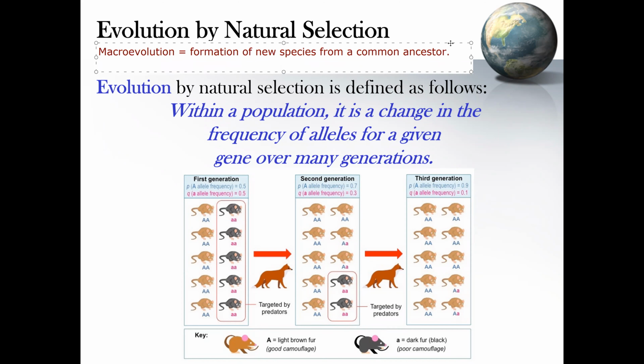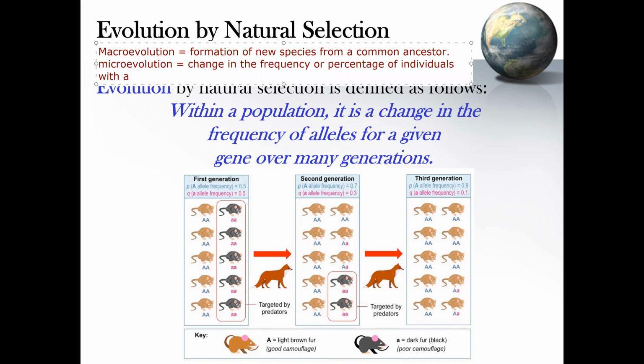But what we're going to talk about today is microevolution. Microevolution occurs within a population of organisms. So it is the change in the frequency or percentage of individuals with a certain gene version over many generations.